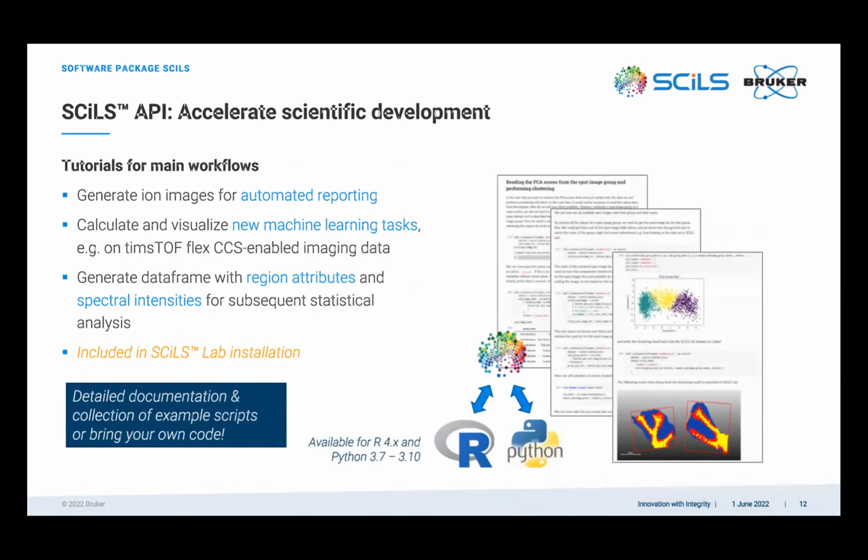And then we have examples and tutorials and whatnot to take you through that if you are embarking on that. The other thing that we have available is a software developers kit, namely an API. So if there are types of classifications, statistical analyses, and things that you want done that are not in our software, we have an API plugin. So if you can code it, you can bring it to the table and you can then output everything within SCiLS Lab as well.